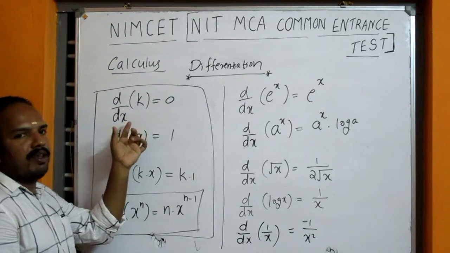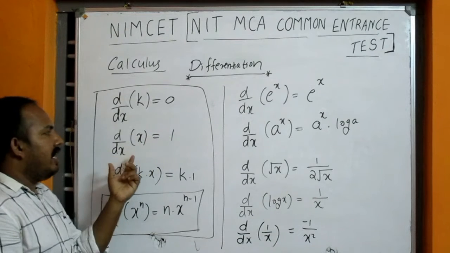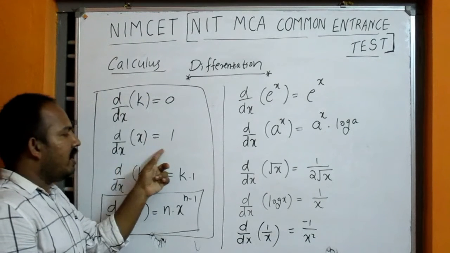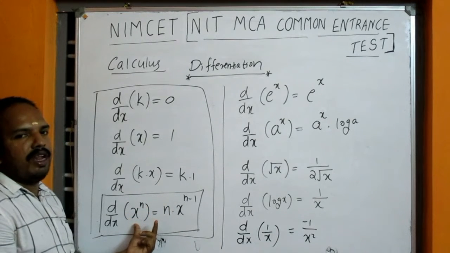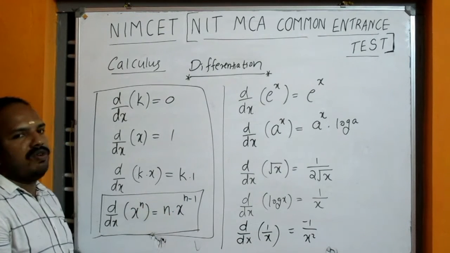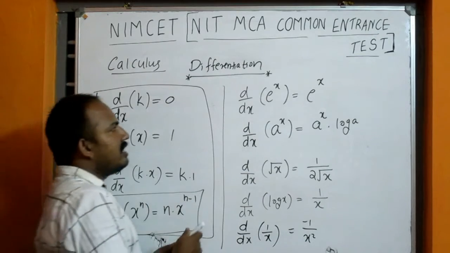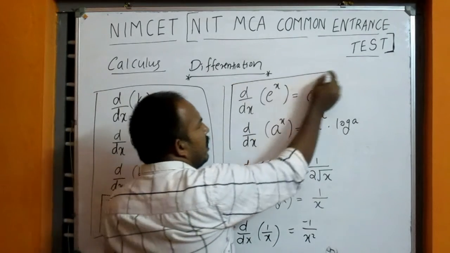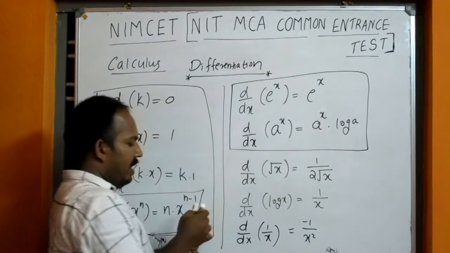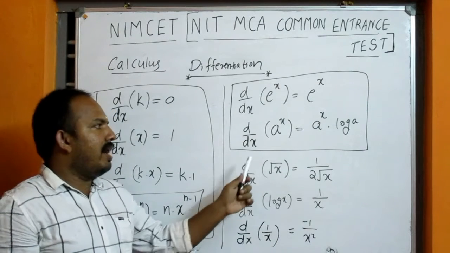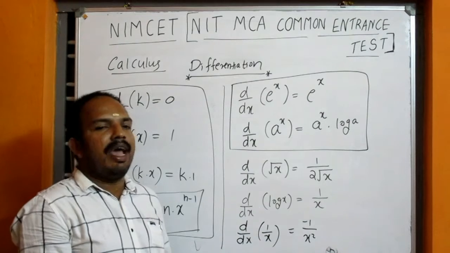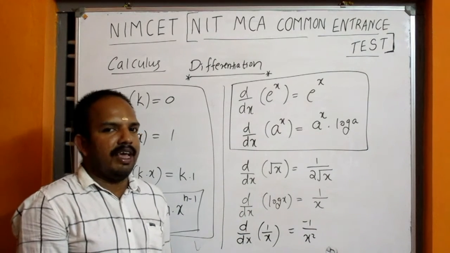That is d by dx of constant equal to 0, d by dx of x equal to 1, d by dx of kx equal to k, d by dx of x raised to n equal to n into x raised to n minus 1. Then study these 2 formulas. D by dx of e raised to x equal to e raised to x, d by dx of a raised to x equal to a raised to x into log a.